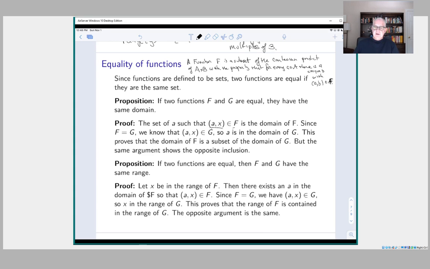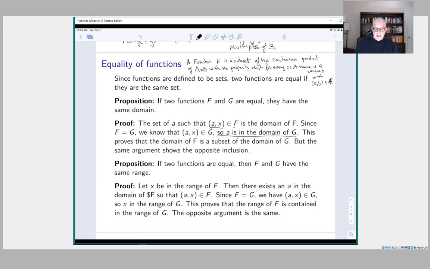So you can recover the domain of f by looking at the first elements that occur in all of its pairs. So if the set of first elements that occur in all of the pairs of f are the same as the first elements that occur in all of the pairs in g, that tells you that the domain of f is contained in the domain of g.